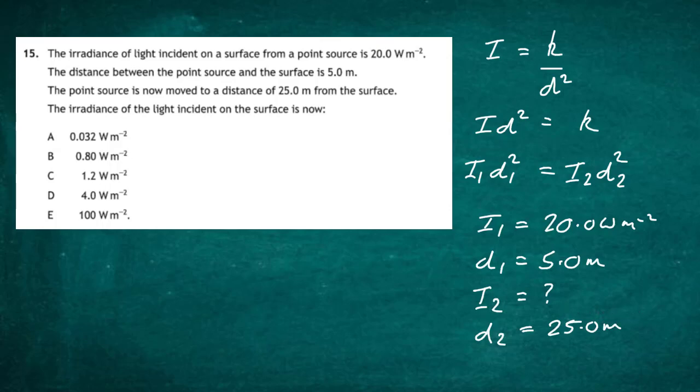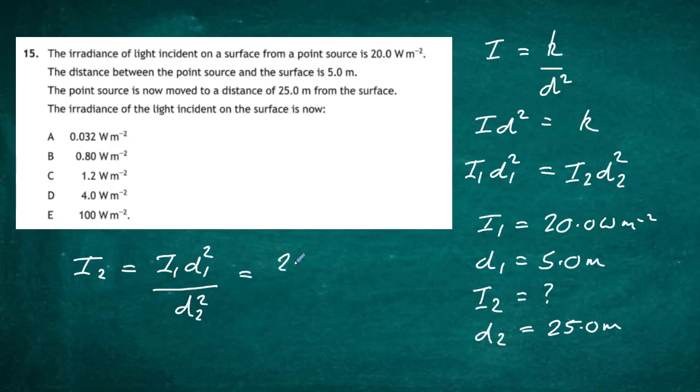So to find the irradiance I2, if we do a wee bit of rearranging, I2 has got to be equal to I1 D1 squared, and always remember the squared part there, divided by, in this case, D2 squared. So just put in the numbers.